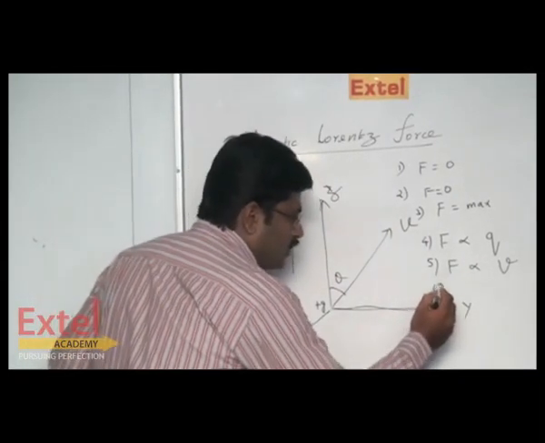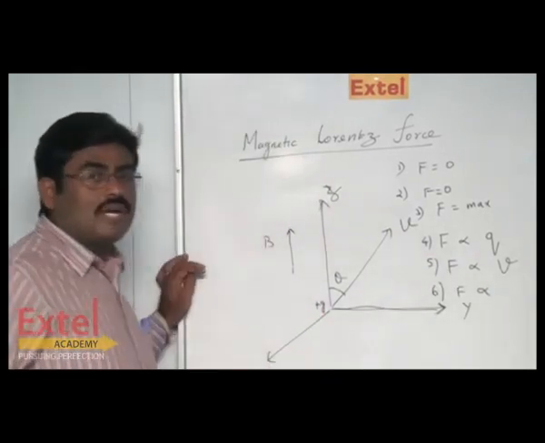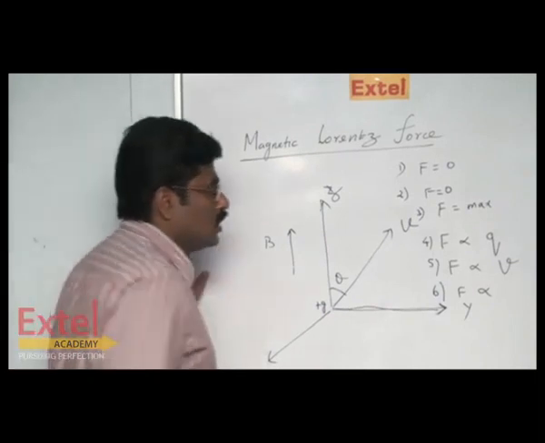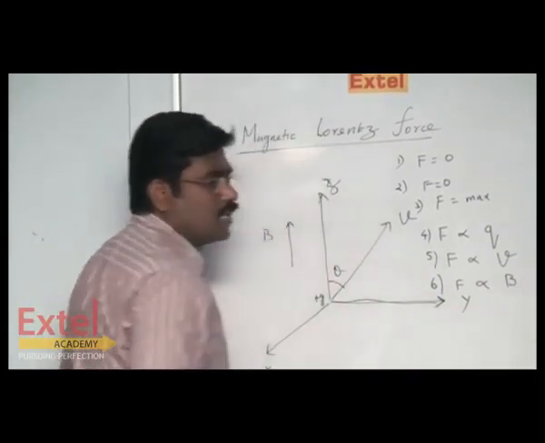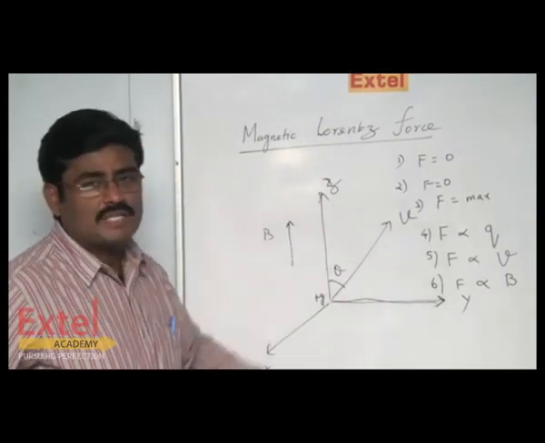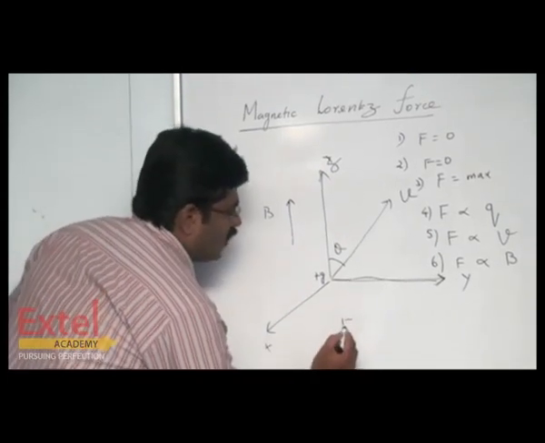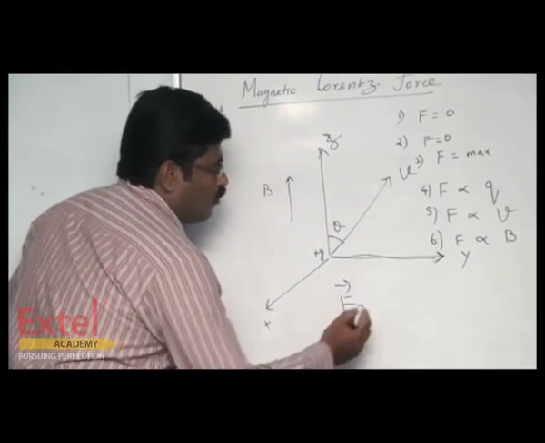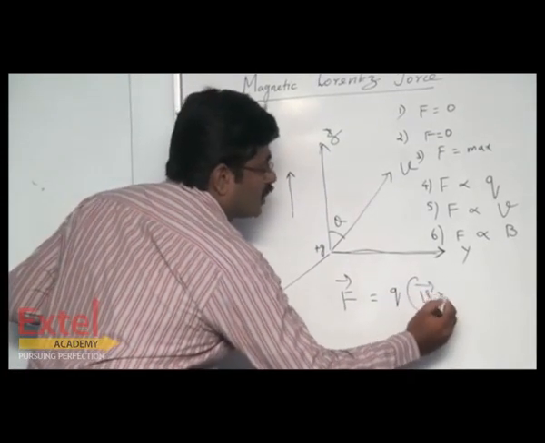And another point, the magnetic Lorentz force is also directly proportional to the strength of the magnetic field in which it moves. By combining all these points, we can write a vector equation: F vector is equal to q of v cross B.